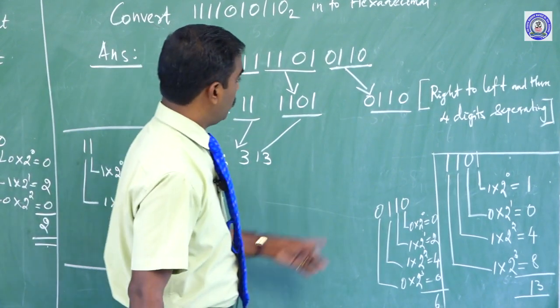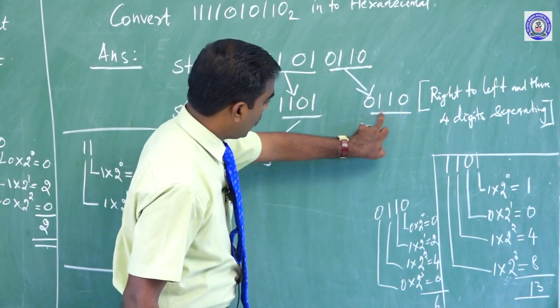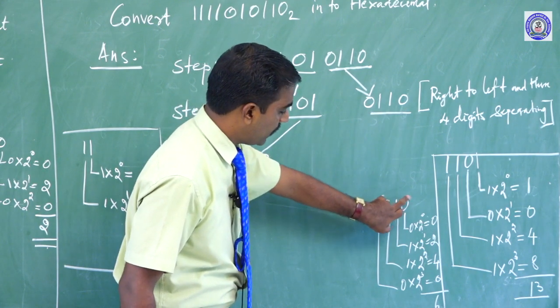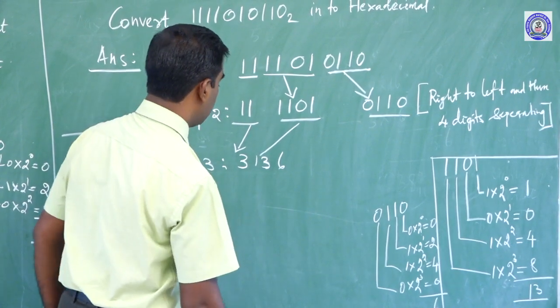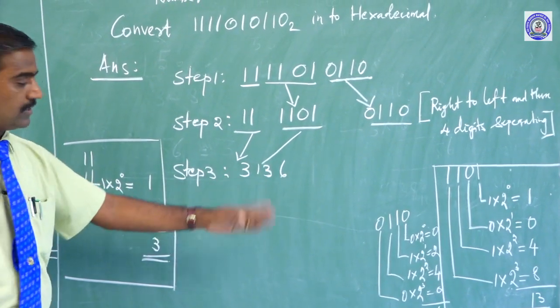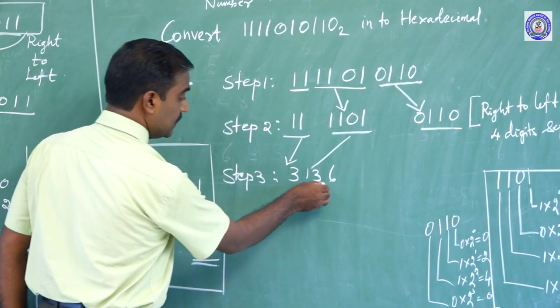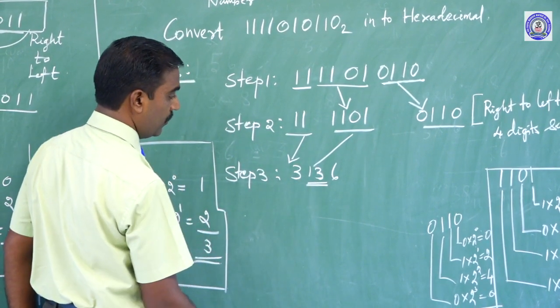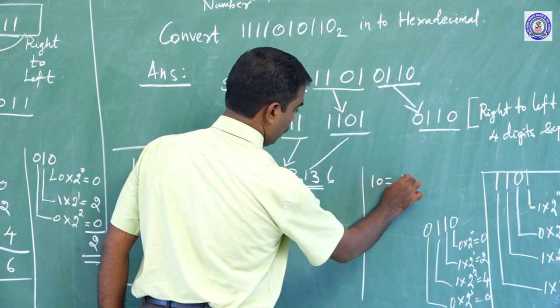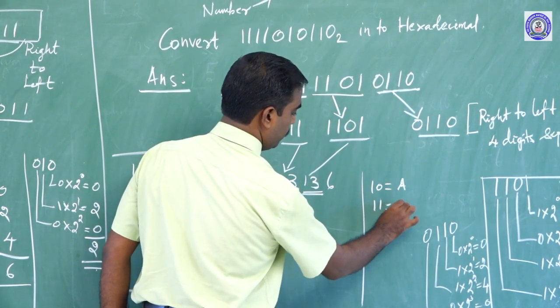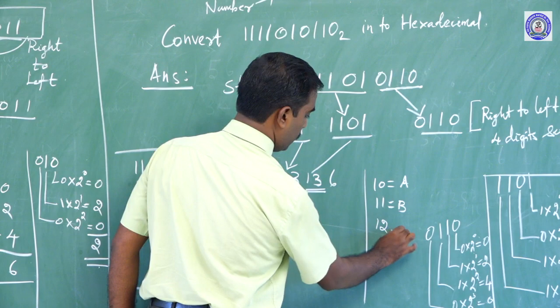Here also 0 1 1 0 0 1 1 0, 6 6. Okay, this is enough for the answer, but we should write this number, which means we already know. In the hexadecimal system, 10 equals A, 11 equals B, 12 equals what?